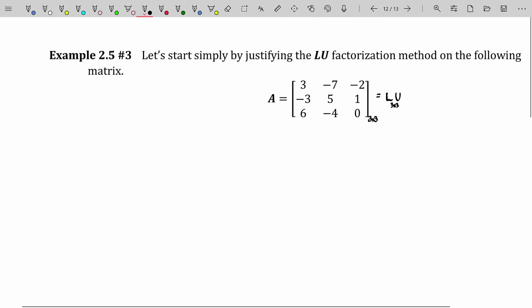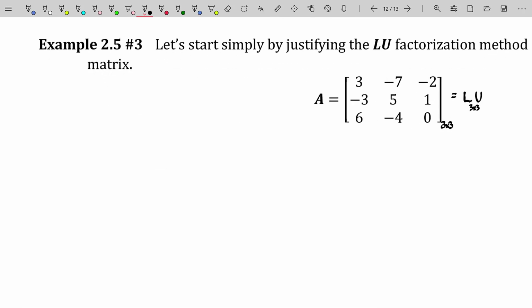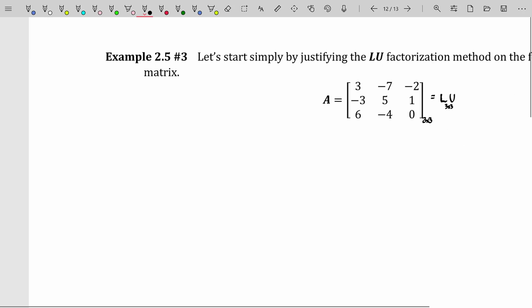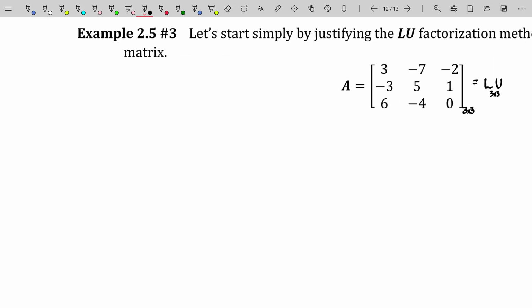And I'm going to do this by tracking all of the elementary row operations that I perform in the identity matrix at the very same time that I'm performing those elementary row operations on A. And to do that, we're going to see something that we did earlier. We're going to take A, the matrix we're working with, and we're going to place it in an augmented matrix with the identity matrix. And then we're going to row reduce A to get us to our upper triangular matrix.